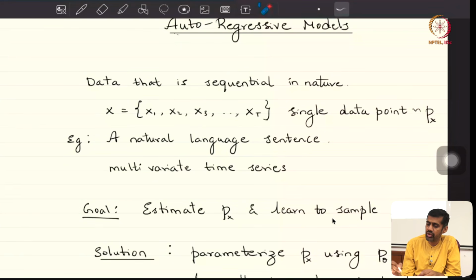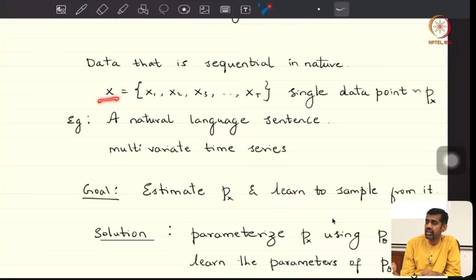Let us say that you have one data point that has capital T number of tokens. The terminology that we were using when we looked at transformers as an architecture holds true here as well. So, every data point has capital T number of tokens. Every one of these tokens is a d dimensional vector. So, you have a d by T matrix.